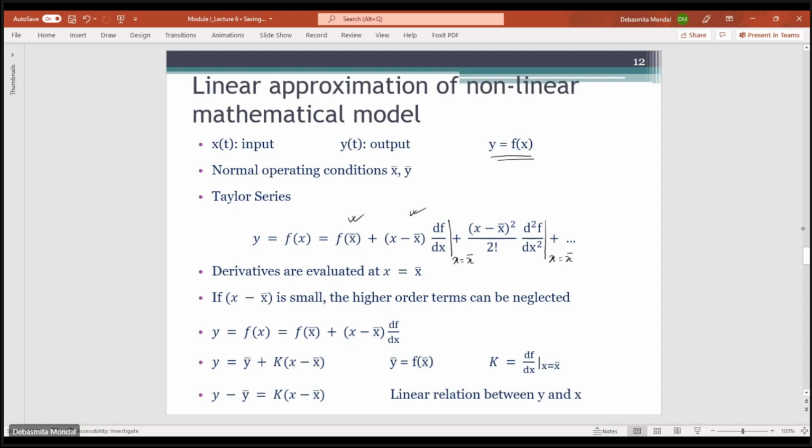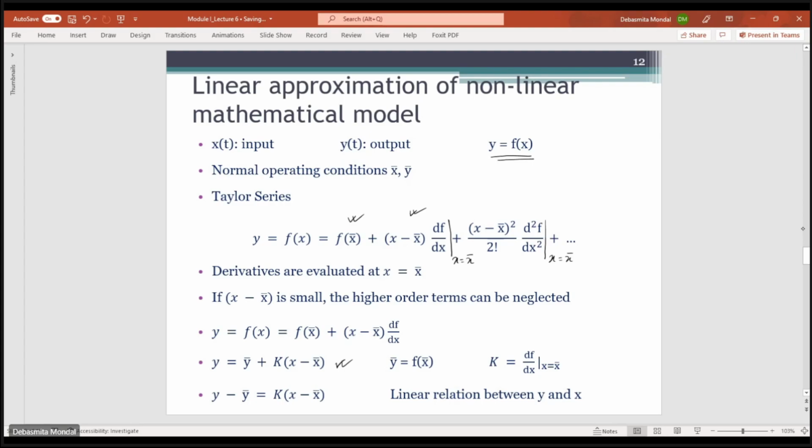Now f(x bar) is nothing but y bar, because for x bar the output will be y bar. So you can write y equals y bar plus, let's say the value of df/dx at x equal to x bar is given by k, then plus k times (x minus x bar). This equation is basically a linear equation.